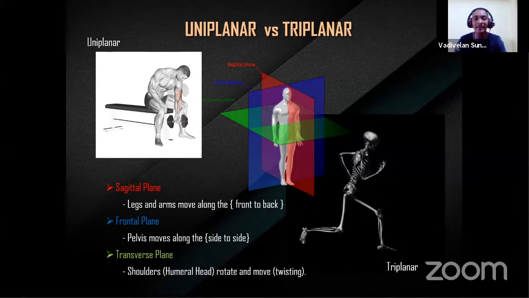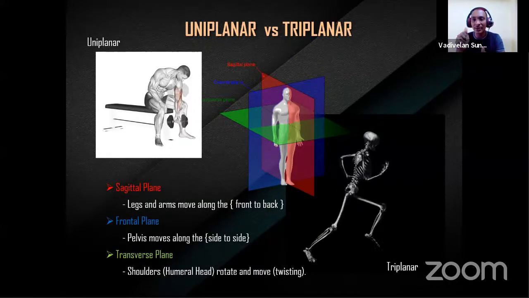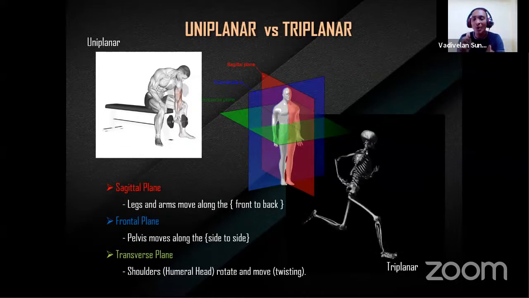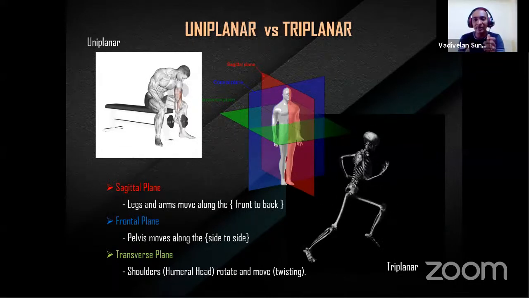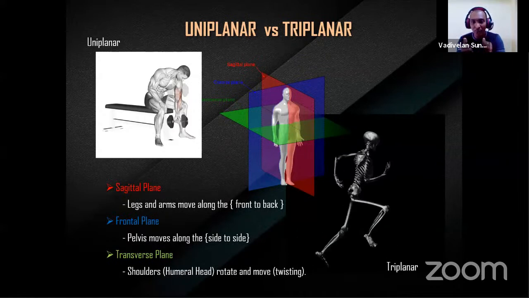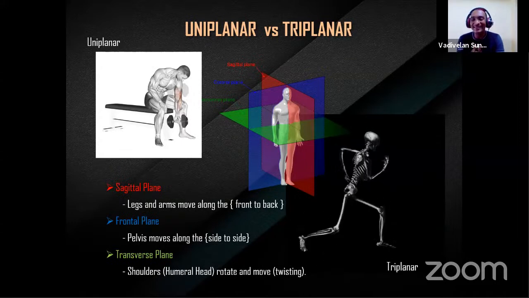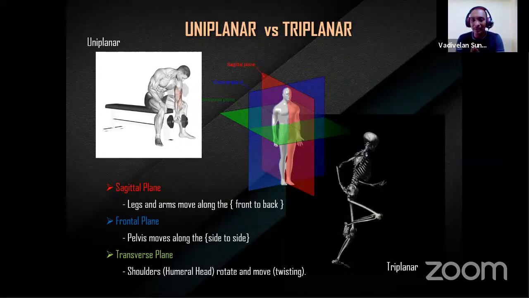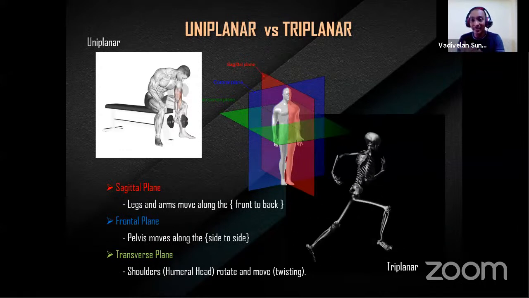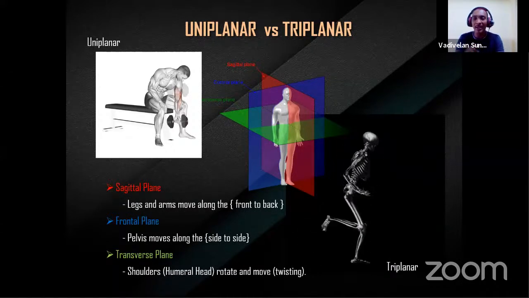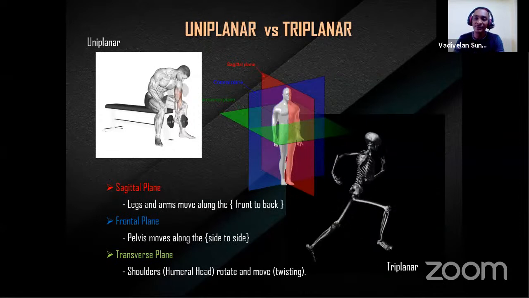In the frontal plane, our pelvis moves along the sides. And our shoulders and head move in the transverse plane. If you look at running, it's a three-plane movement. For example, if you want to improve running, would giving a leg curl or leg extension in a uniplanar way help sprinters?